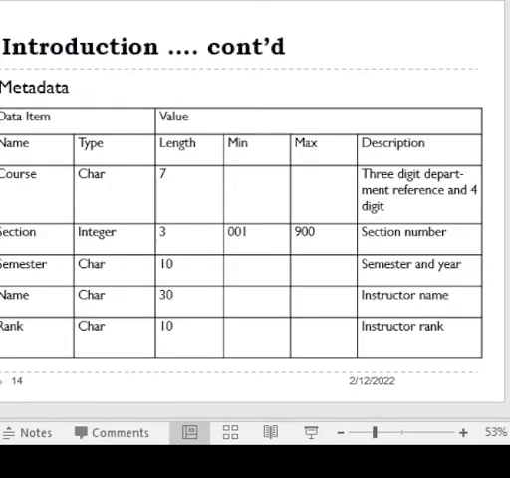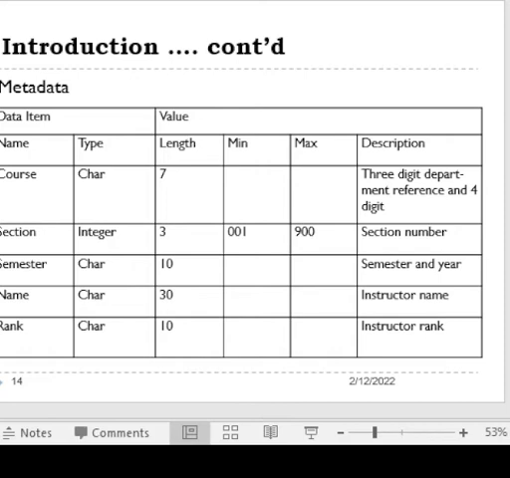Let us see this example. As you see, this is metadata about a data item and its values. In the case of name, there is a course. This course is written in the form of characters. We must use characters to write the course. How many characters can we write? 7 characters.